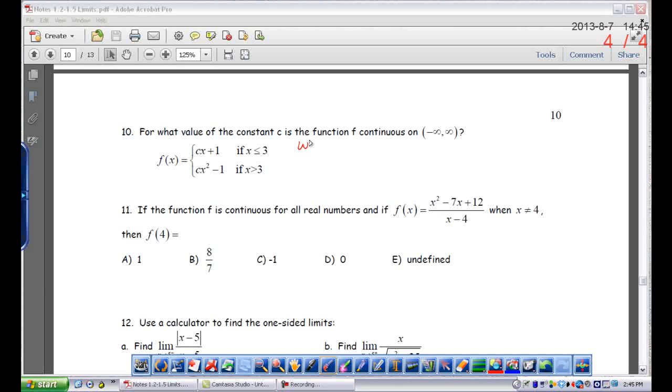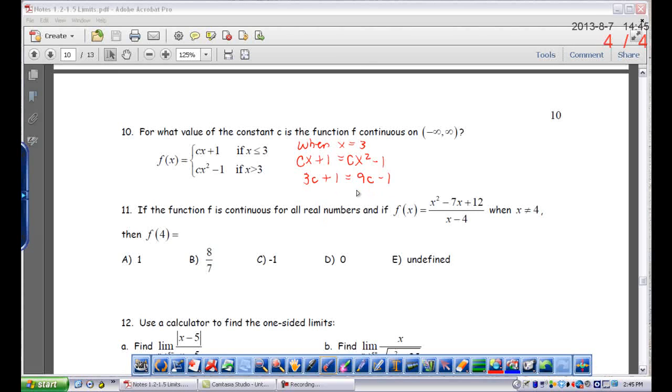So we think of it as when x equals 3, cx plus 1 needs to equal cx squared minus 1. And when x equals 3, this equation would be 3c plus 1 equals 9c minus 1.